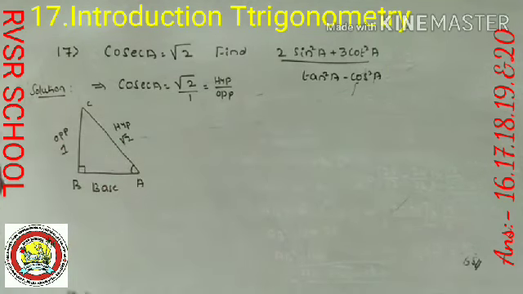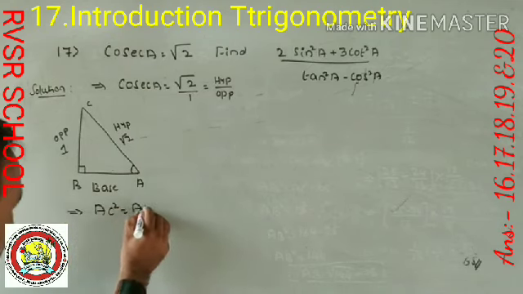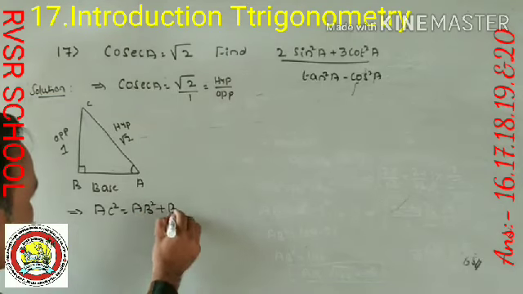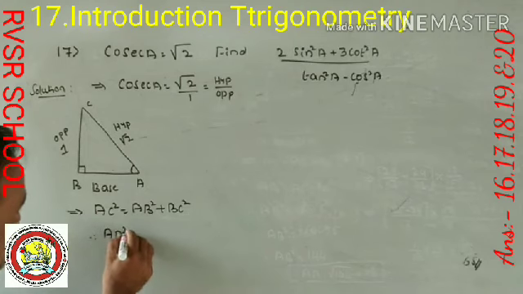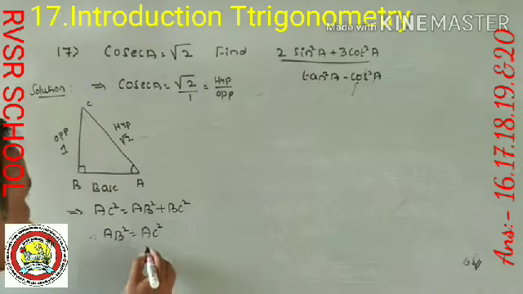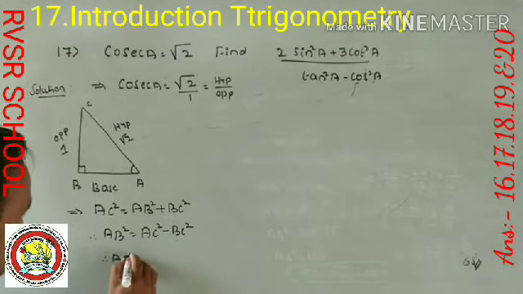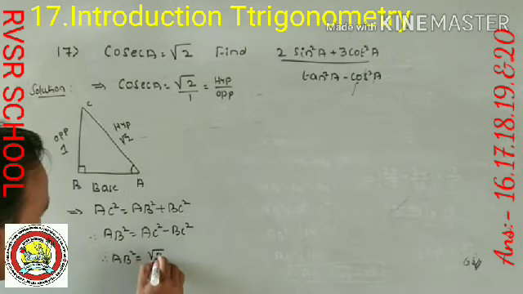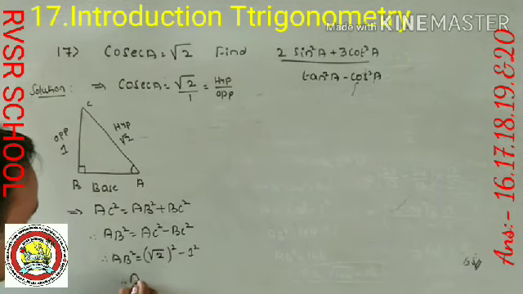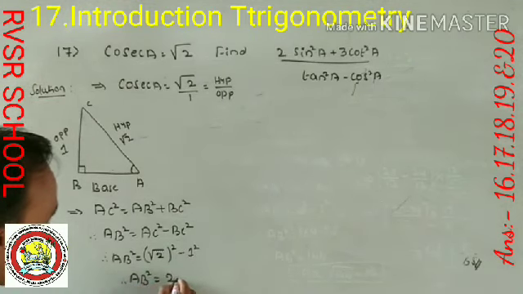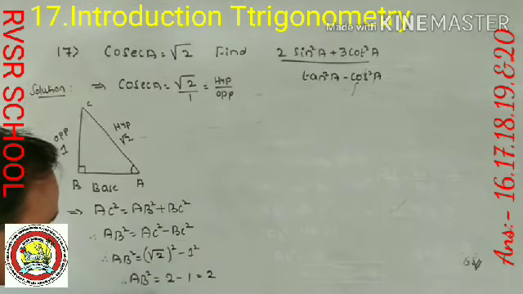Find the value of AB. Apply the Pythagoras theorem. AC square is equal to AB square plus BC square. Therefore, AB square is equal to AC square minus BC square, which is root 2 whole square minus 1 square, that is 2 minus 1, so 1.